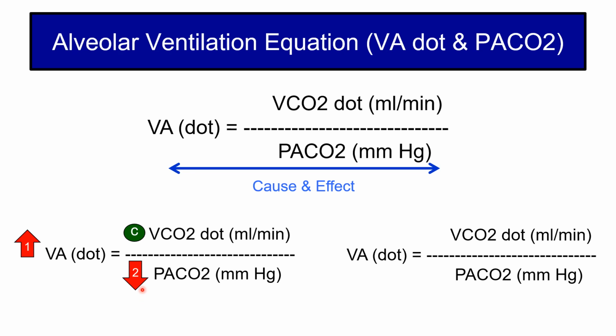It is going to go down. On the other hand, if the carbon dioxide production of the body is going to increase, and the individual would like to maintain the alveolar carbon dioxide tension constant, the alveolar ventilation needs to increase so that the alveolar carbon dioxide tension will remain constant.